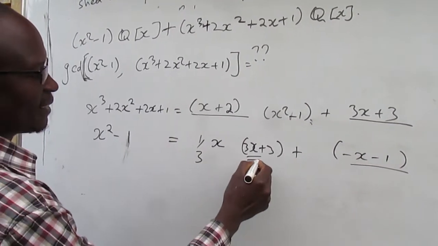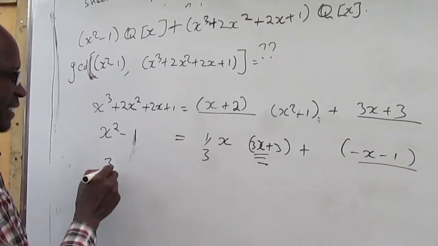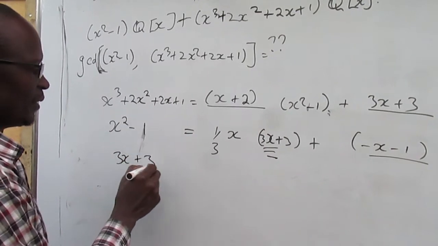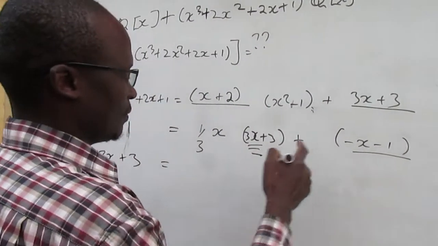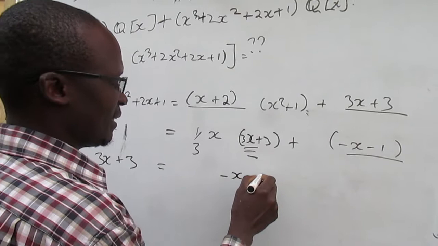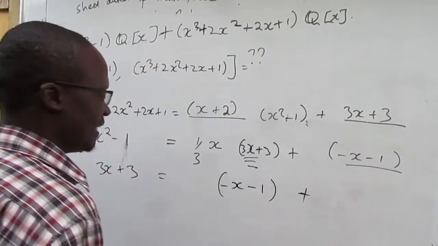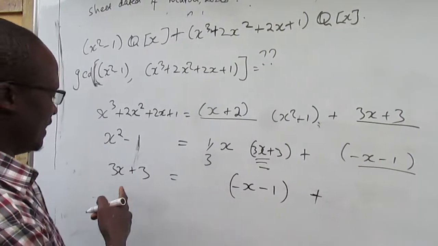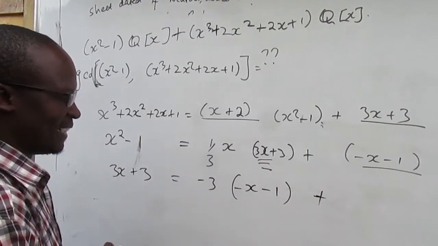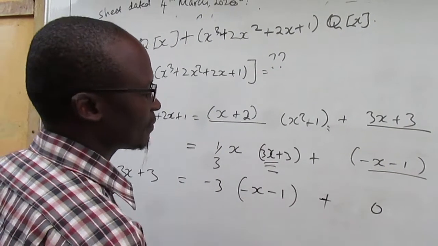So next we are going to express 3x plus 3 as some quotient times this plus some remainder. If you look at this keenly, we simply need to put minus 3 here and the remainder is 0.